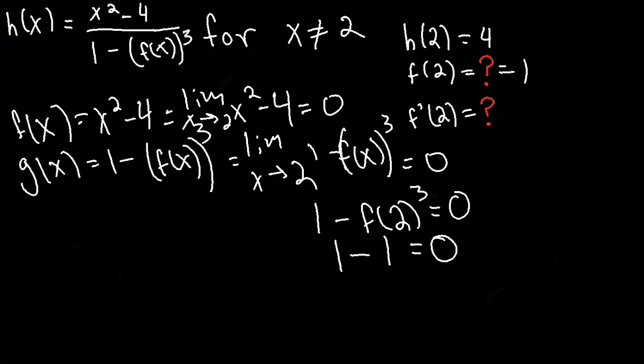Right, so now that we have the function value for f of x, now we have to find the function value for f prime of x, right? And we can find that by using L'Hopital's rule.